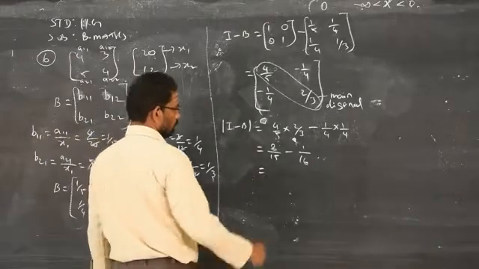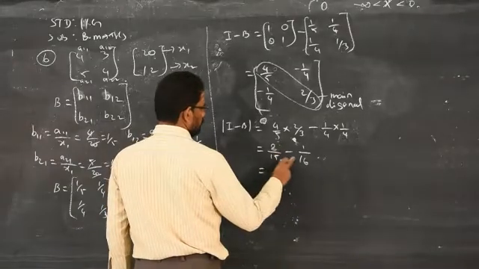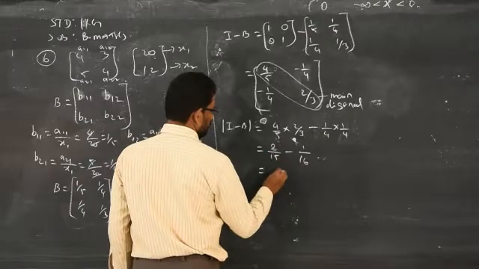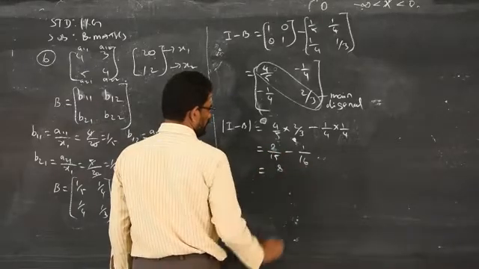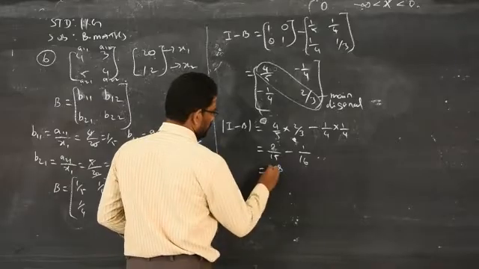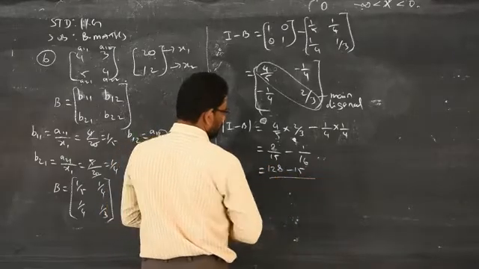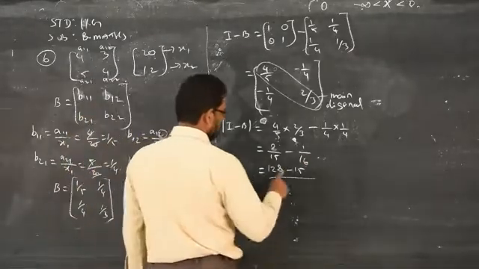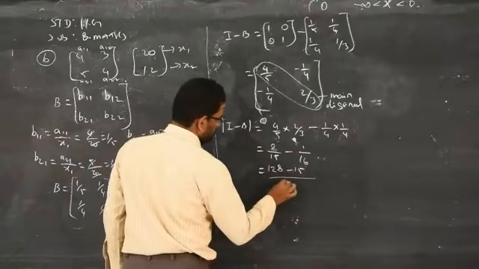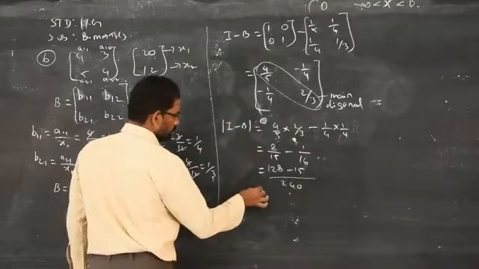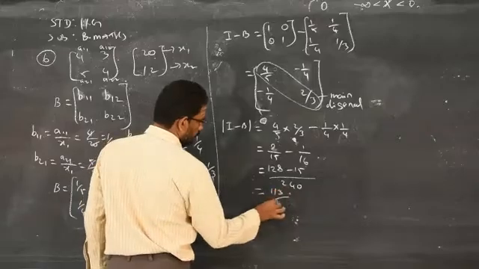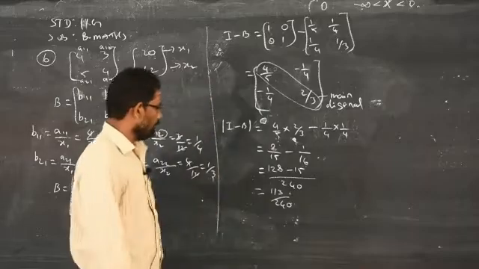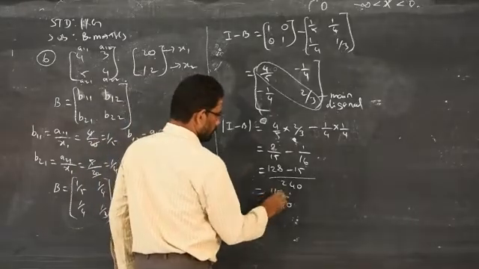What will be the answer? 16 8s are 128, 8 6s are 48. 128 minus 15 by 16 5s are how much? 160 plus 80 is 240. So subtract, we will get 113 by 240. So you check, use a calculator and check. Clear? Use a calculator and check.